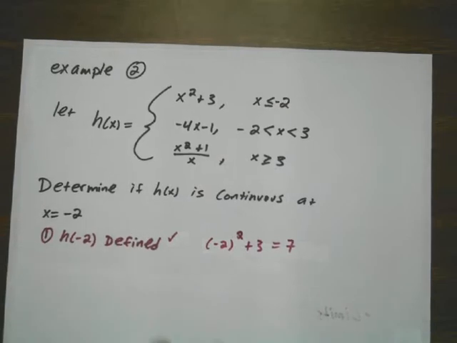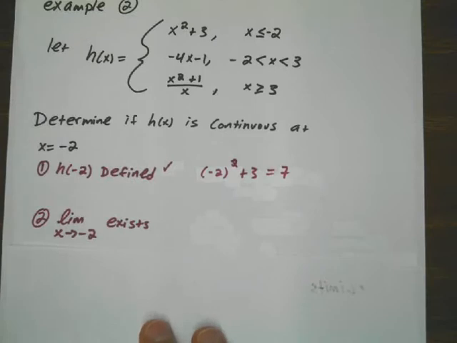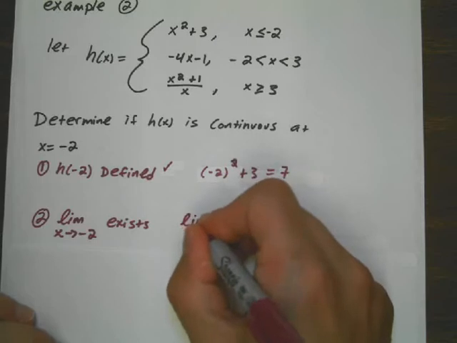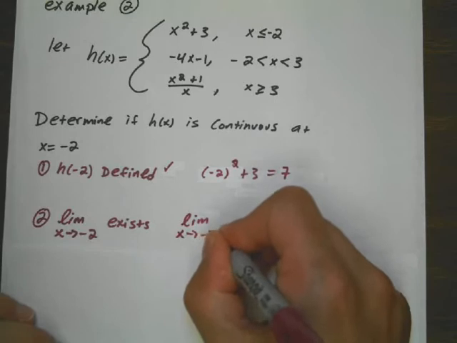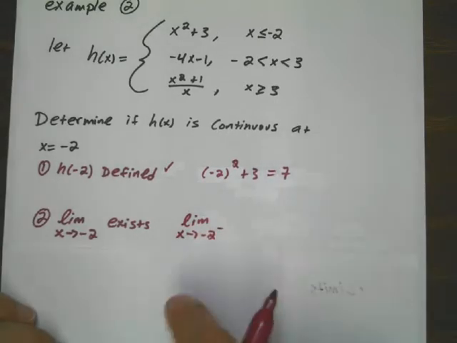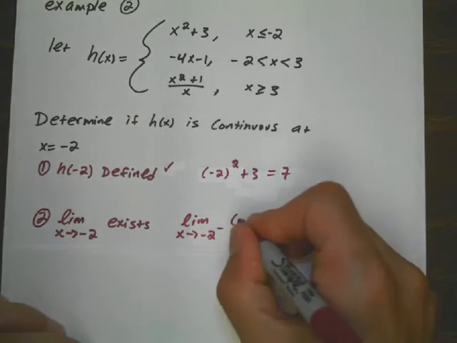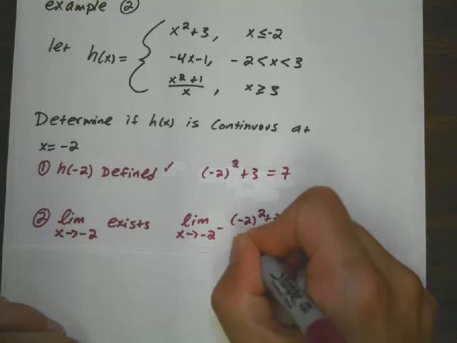Next thing I have to check is whether the limit exists. Because it's a piecewise function, I have to figure out if both sides have the same limit. So the limit approaching -2 from the left. Well, from the left is again going to be using the top portion, so it's going to be -2 squared plus 3, which is going to give me 7.